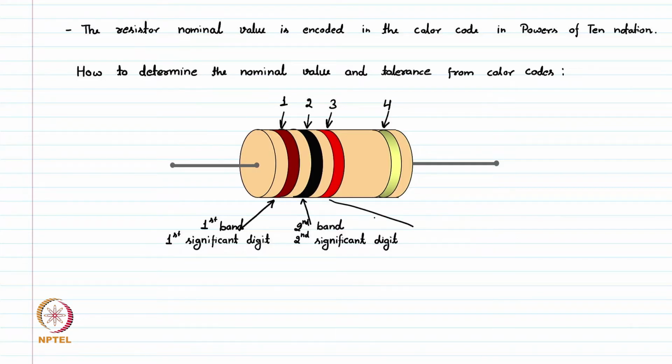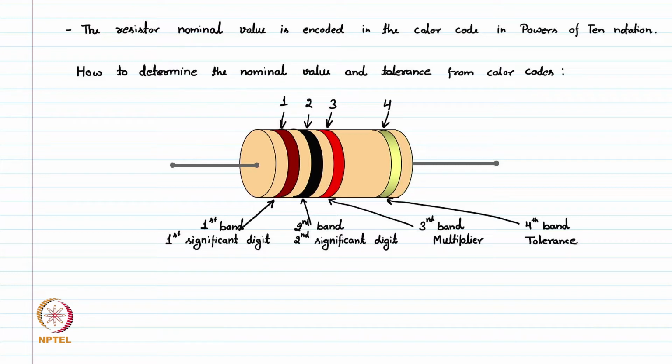This third band specifies the multiplier. And this fourth band specifies the tolerance. So these are the meanings of these bands.